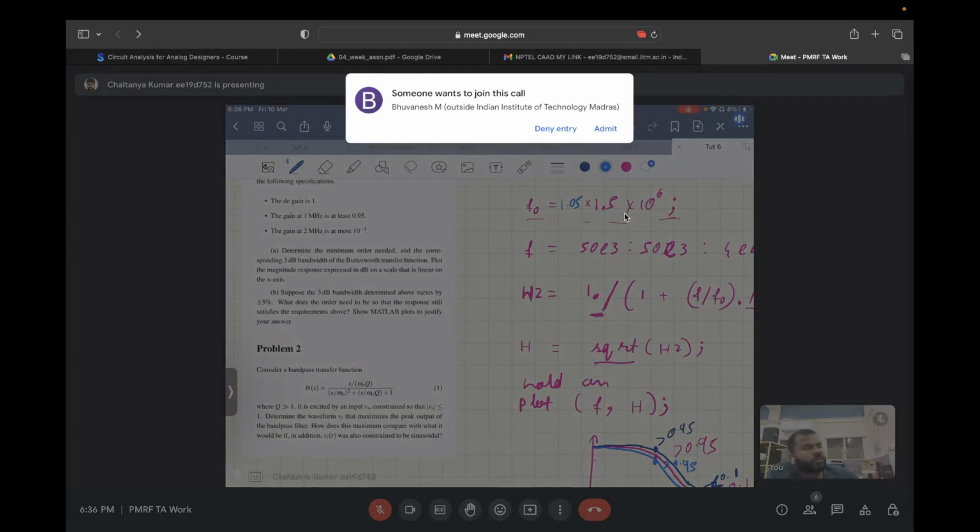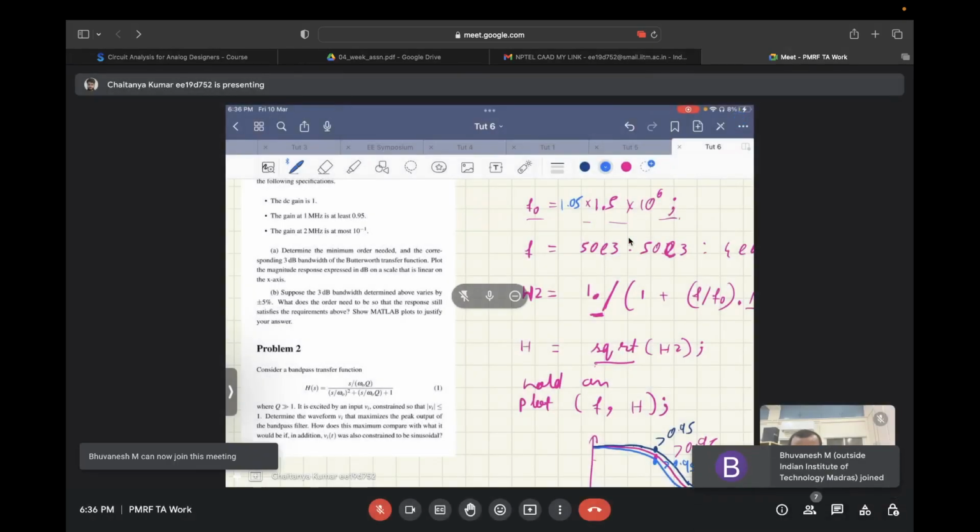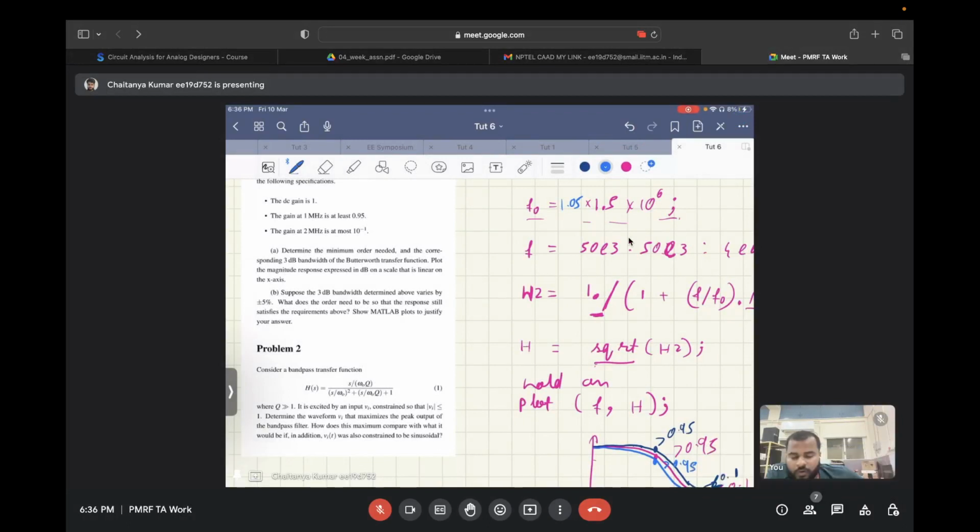How will you calculate the output of that filter in time domain, not in frequency domain? Filter means we will find the output by input, sir. Transfer function, output voltage. No, no, transfer function, this is frequency response. I'm not talking about frequency response or Laplace domain. Forget about Laplace domain and frequency domain. I'm talking in time domain.